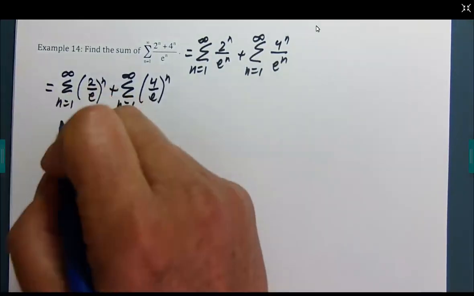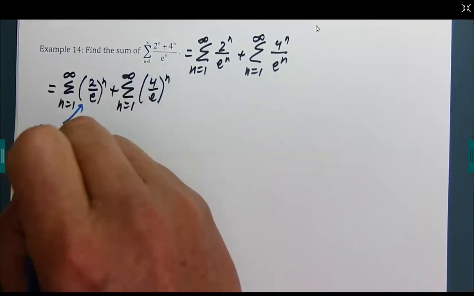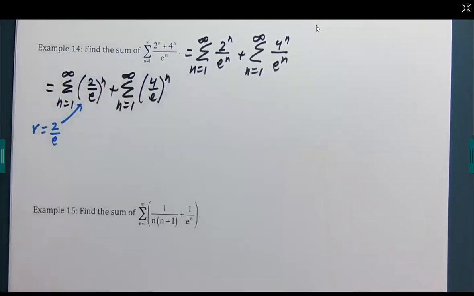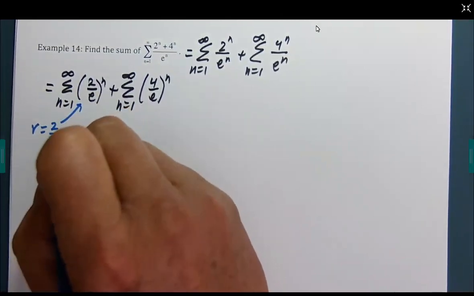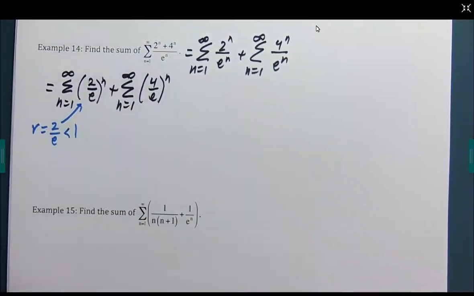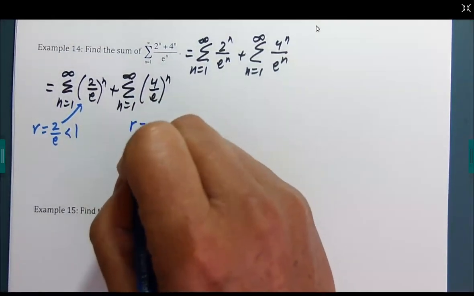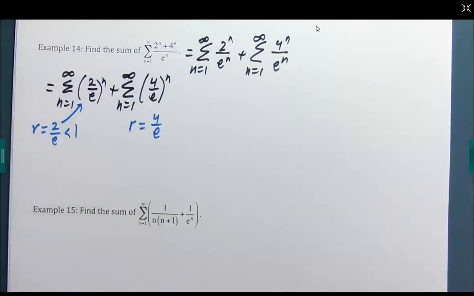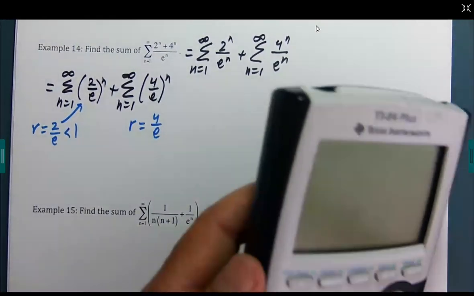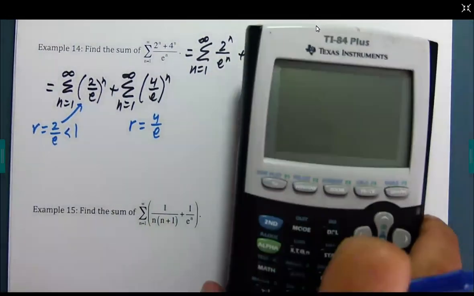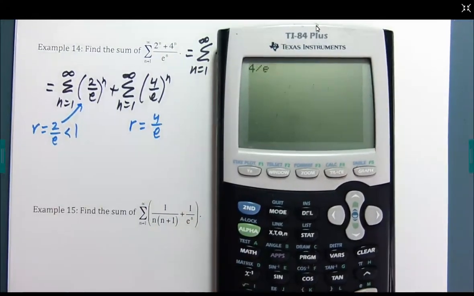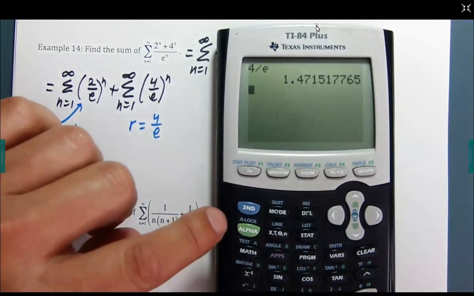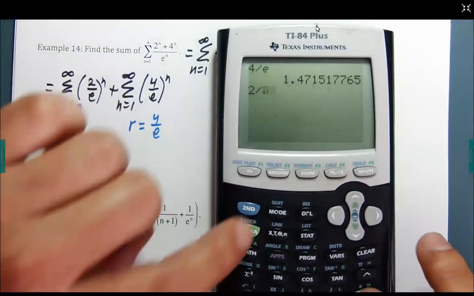And in this case, R is 2 over e. That is less than 1, because remember, e is 2.7. So we're good there. However, in this case, R is 4 over e. And that's going to look like this: 4 divided by e. That is definitely bigger than 1. In fact, I'll show you the other one. 2 divided by e.